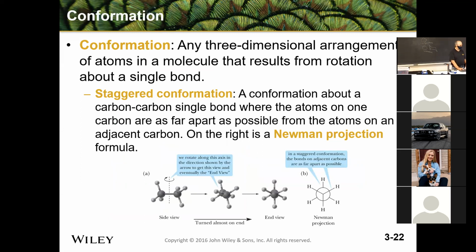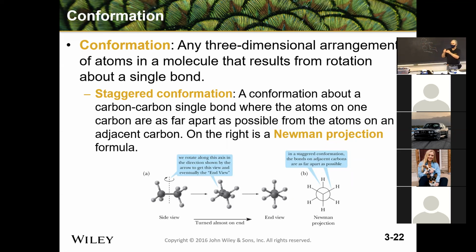Let me go ahead and review conformations again. Conformations are the result of free rotations that take place about carbon-carbon single bonds.